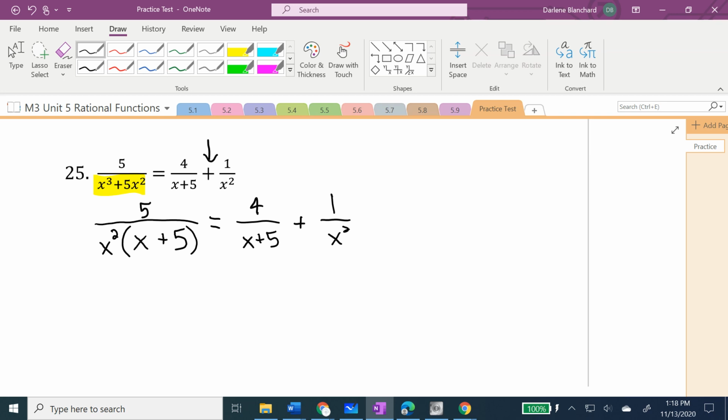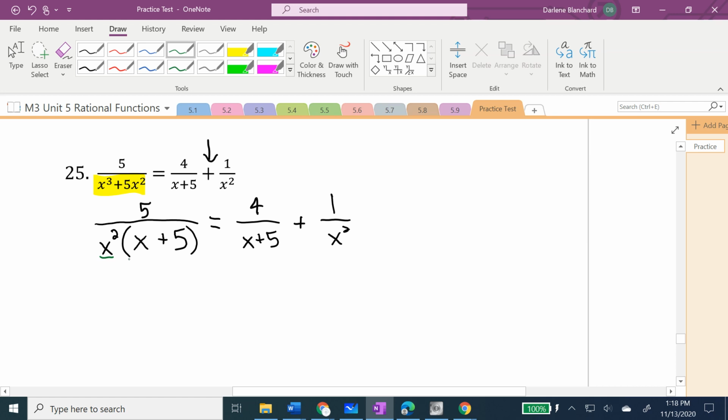Now, your choice is, do you want to multiply by the entire least common denominator, or do you want to slowly chip away at it and multiply by a factor at a time? That's up to you. For some people, they do a better job if they go one factor at a time. I'm going to show you taking the entire least common denominator and multiplying both sides by it.